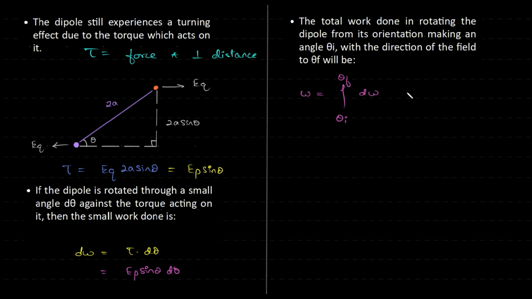Remember, we are rotating. So when we substitute this, it's quite simple. E P is uniform, P is constant, E is uniform, so that's also fixed. Sine theta d theta is what we have to integrate. And integration of sine theta is, correct, tan theta. Is it not? Nope. It is minus cos theta.